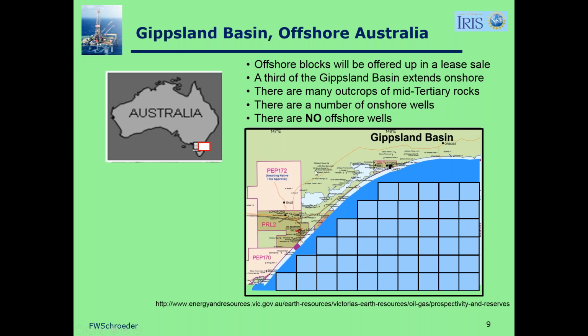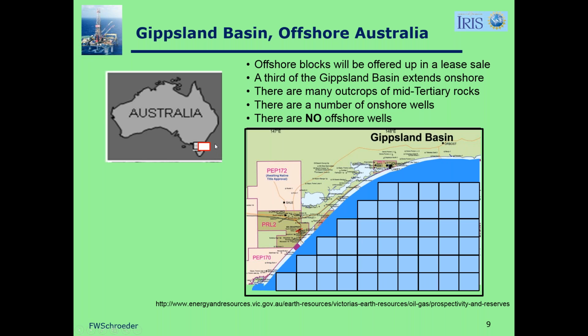So what I'm going to do is show you some regional geological information analysis for the Gippsland Basin, the area that we are going to focus in on as we study a particular historic field. And as I mentioned last Tuesday, we're in the area of Australia. This is the island of Tasmania, and where the little white box is, that's the Bass Straits.